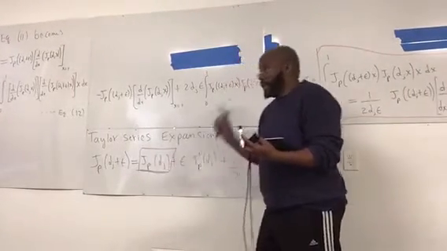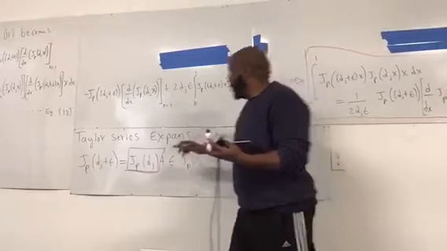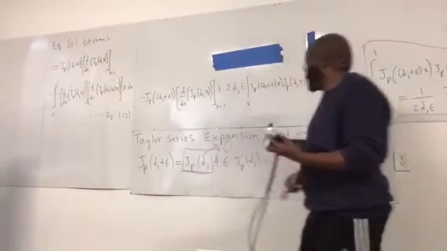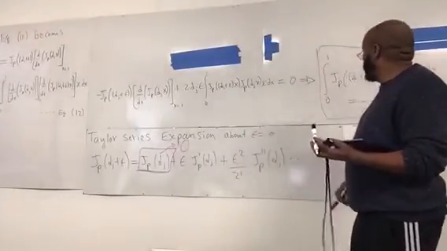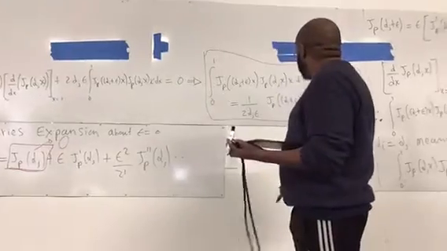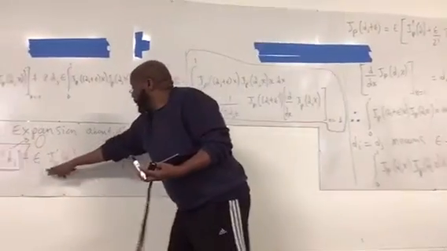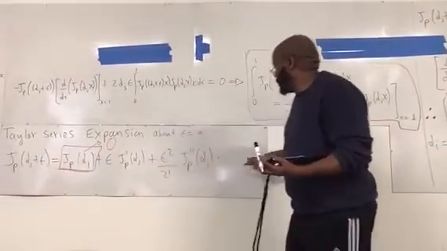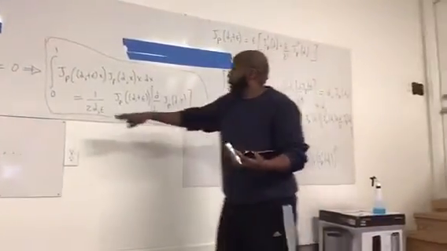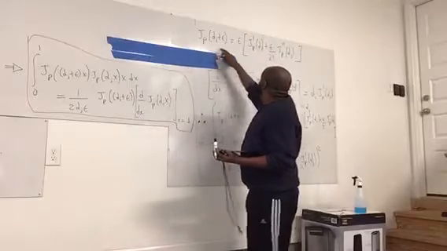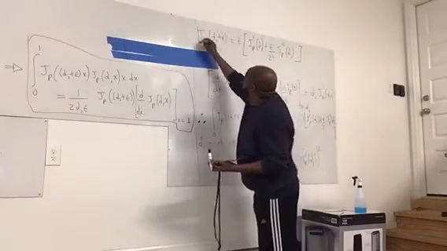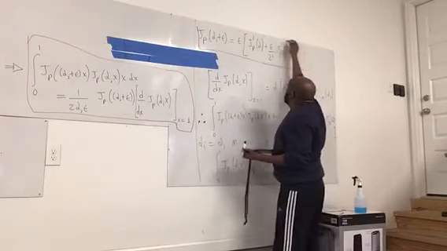Remember, alpha j is a zero of the Bessel function, so this is going to be 0. So the first term is 0, and you would have only this term, that, and so on. Since the first term is 0, that's what you get.